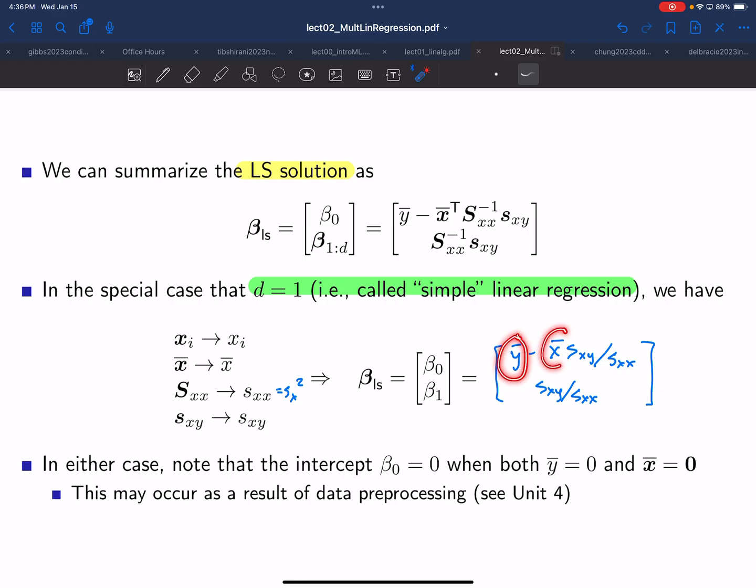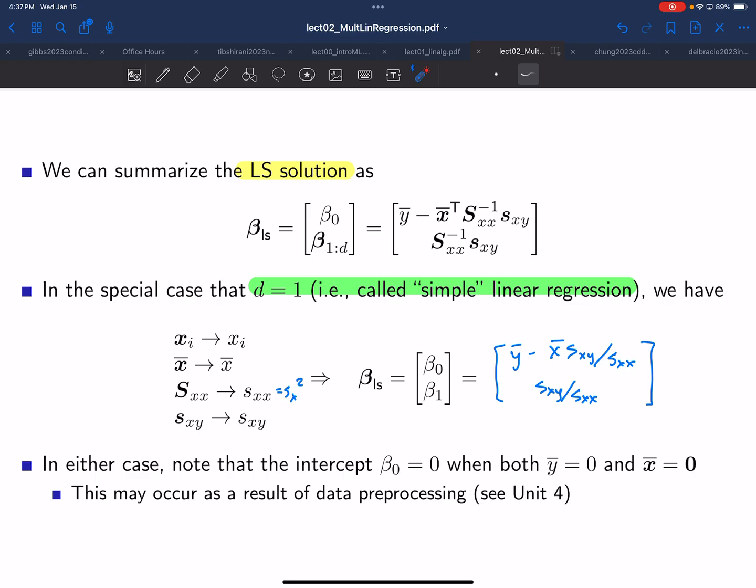One way that happens, which is actually quite common, is that when you get your data, it's a common first pre-processing step to remove the mean from all the targets and remove the mean from each feature. There are reasons to do that that we'll talk about later in the course. It doesn't actually affect the performance of this method at all, but it is something that someone might do, or the data might already have the means removed when you get it.